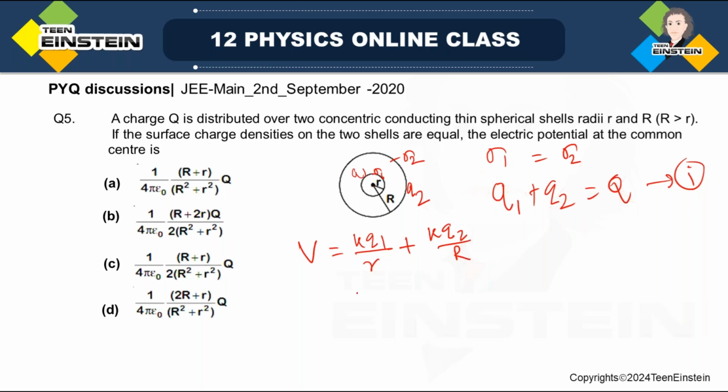So look here, we know sigma 1 is equal to sigma 2.